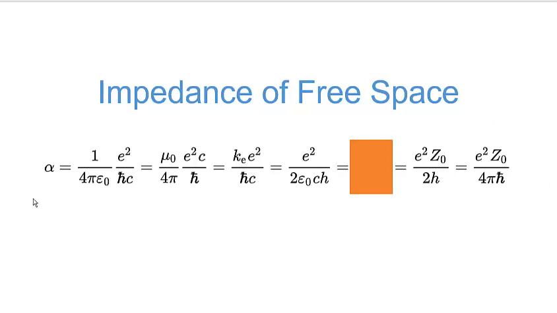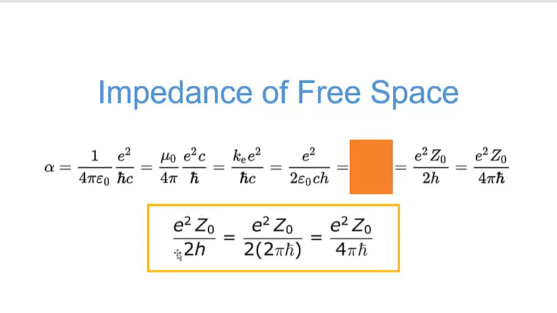So this is what I'm trying to simplify here. And so this term here can be rewritten like this. So you've got this term here where we have a non-reduced Planck's constant, which is 2 pi times reduced Planck's constant. And when you multiply this term through, you get elementary charge squared times the impedance of free space times 4 pi h bar, which is this one here.